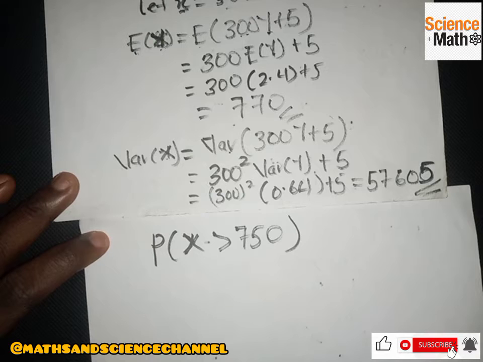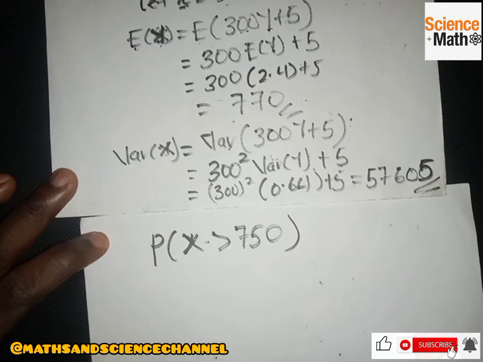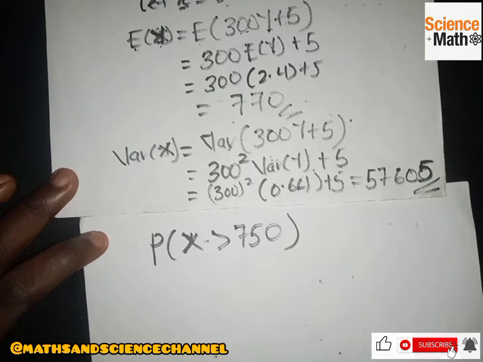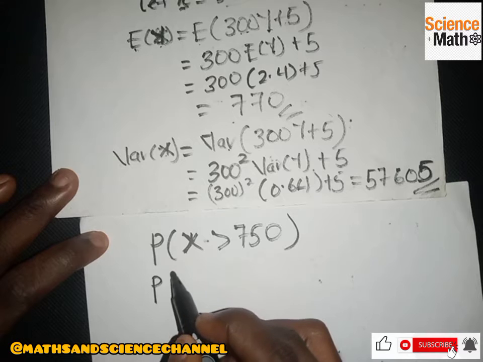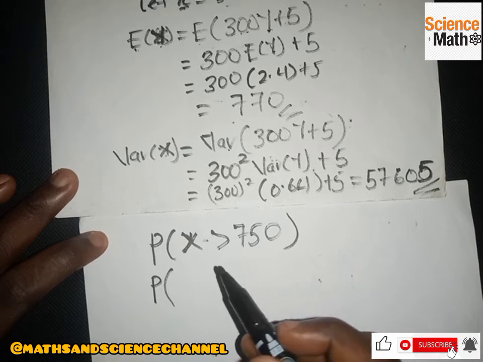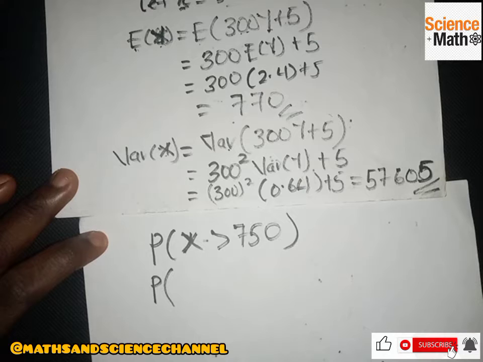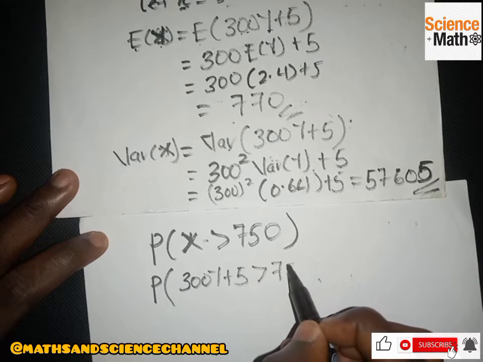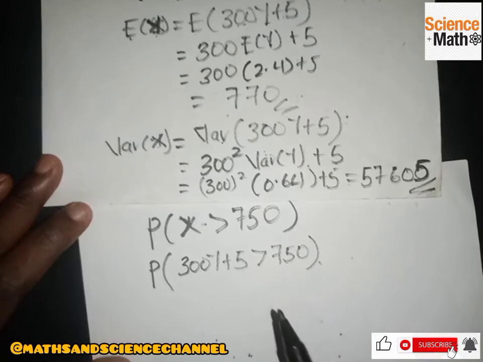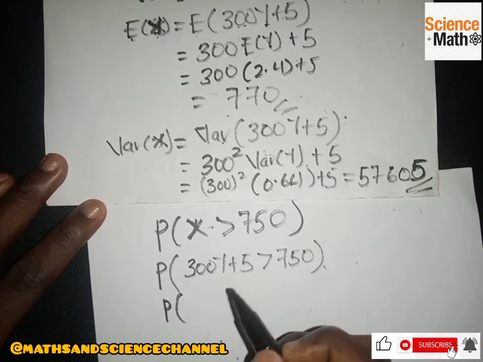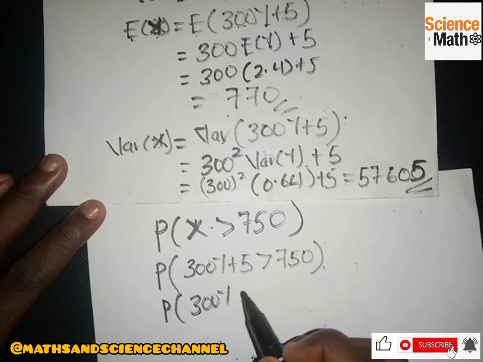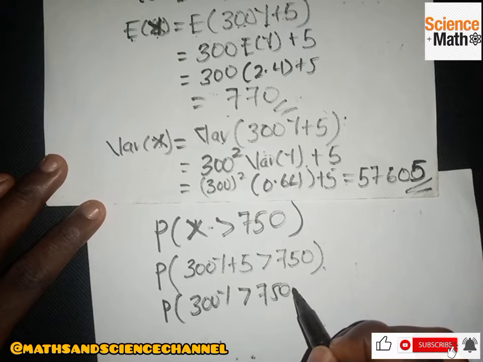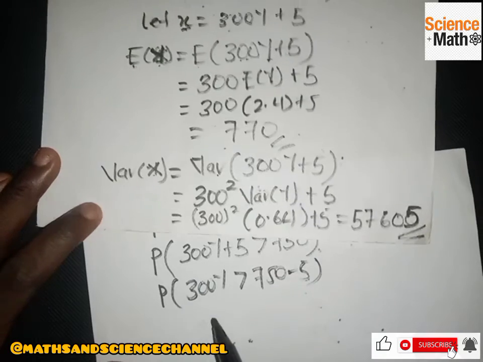So now remember, the function is with respect to y, but then you have to find the probability that s is greater than 750. So what we are going to do here is that we know what s is. We are given s, the question says that we should let s equal to 300y plus 5. So we have 300y plus 5 here, which is greater than 750 here. Now what do we do? We have 300y on this side, then greater than 750 minus 5, so this moves to the other side.